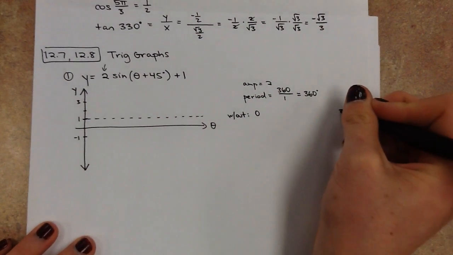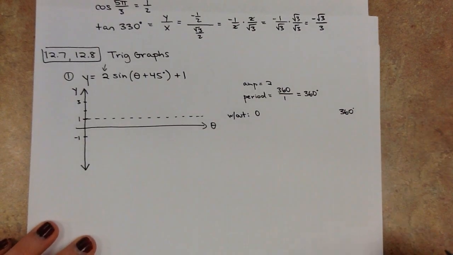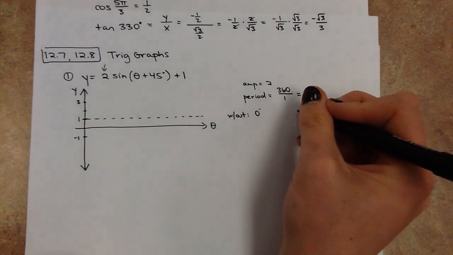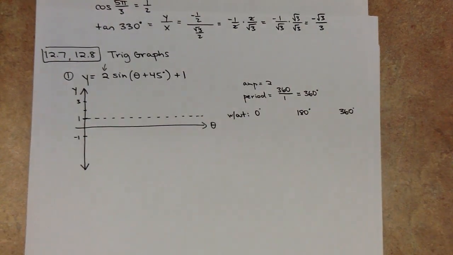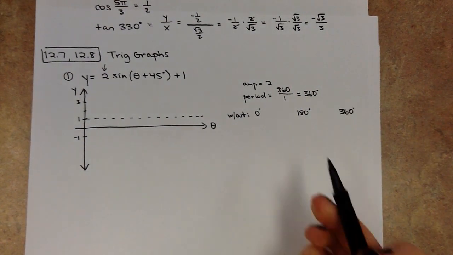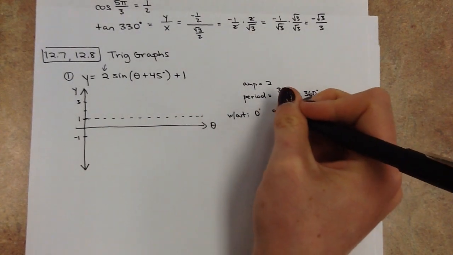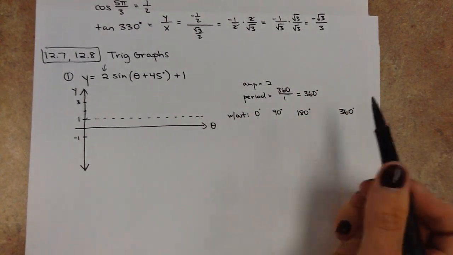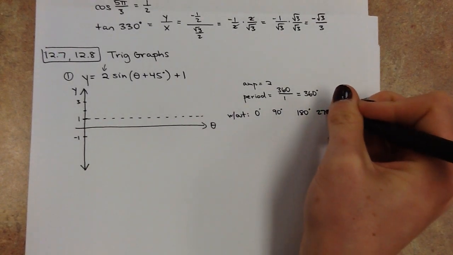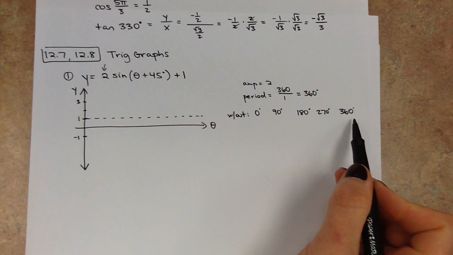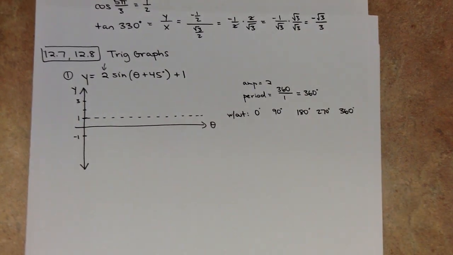And then since the period is 360, it would go through its full cycle and it would end at 360. It would be halfway through its cycle at 180, because 180 is halfway between 0 and 360. It would be a quarter of the way through at 90, and it would be 3/4 of the way through at 270. So notice these are all equally spaced out. It takes me from 0 to 360 in 5 equally spaced points.